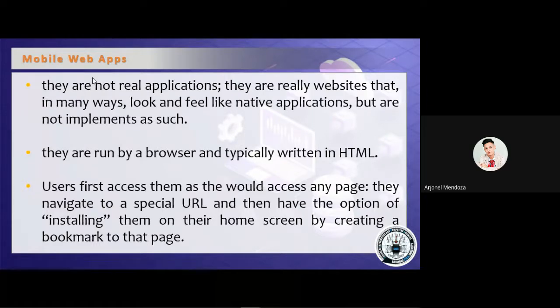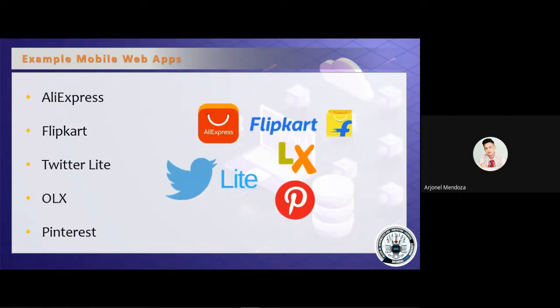Web apps can be accessed through a laptop, through a mobile, through your browser, but you can't download them on the Play Store or App Store. Examples of mobile web apps: AliExpress, Flipkart, Twitter Lite, OLX, Pinterest.